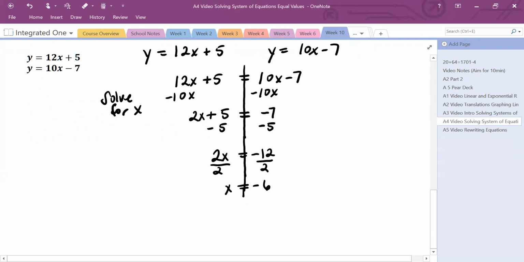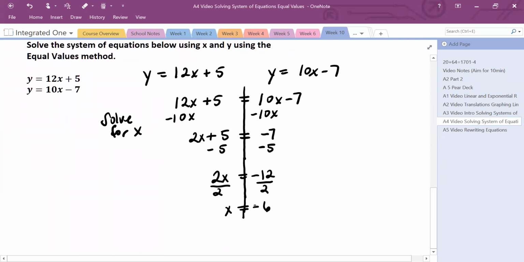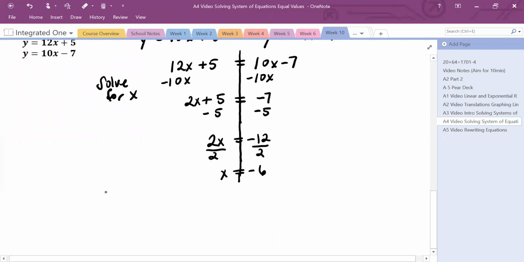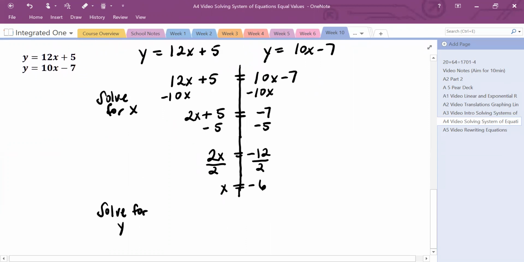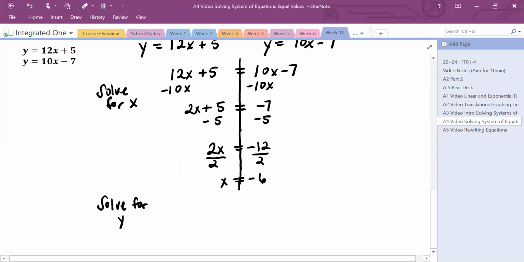But I'm not done. It says I need to find x and y. I know x. So now I need to plug this in and solve for y. Does it matter which equation I use? No, I can pick either one. So I'm going to pick y equals 10x minus 7.